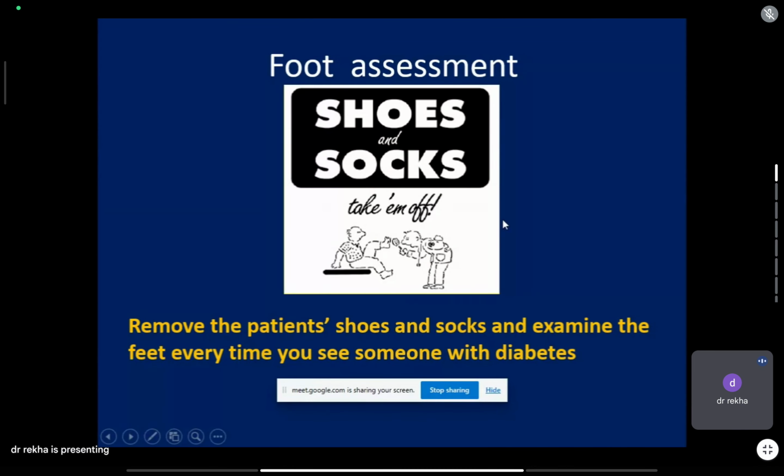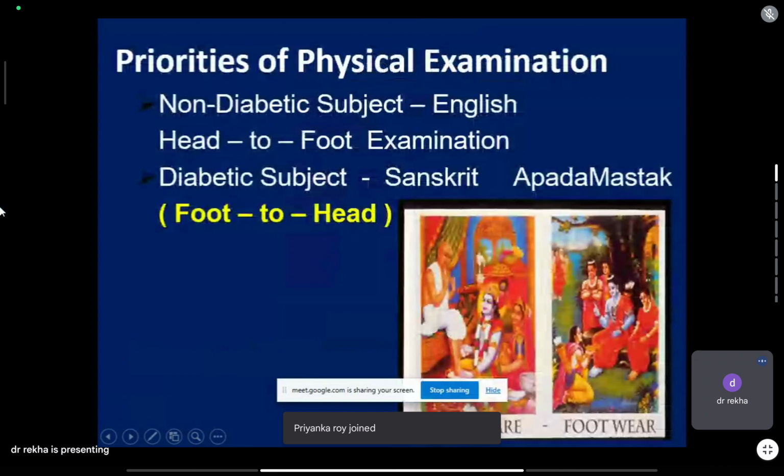So every time you see a diabetic patient, please check his feet, and not only feet, also the shoes and socks. Why are we pressed to examine the foot and footwear? Because every time the patient may not complain of any pain or any symptoms in their foot, but we have to check their feet.